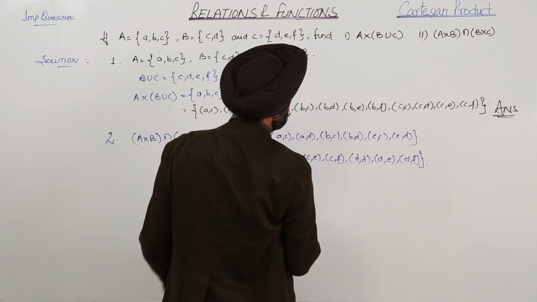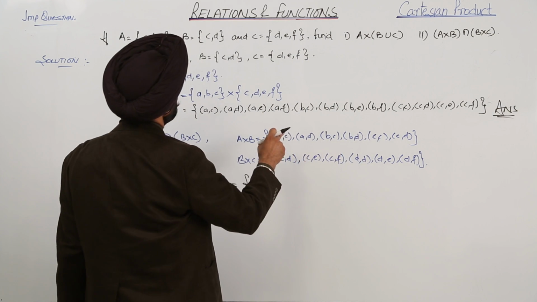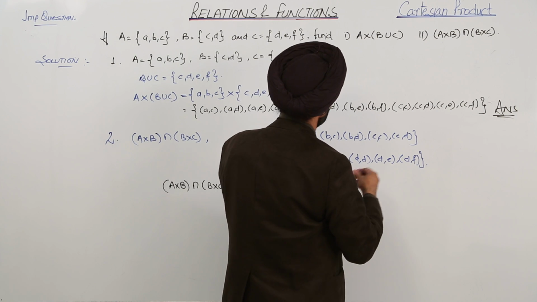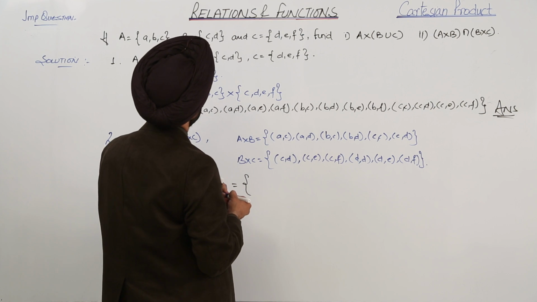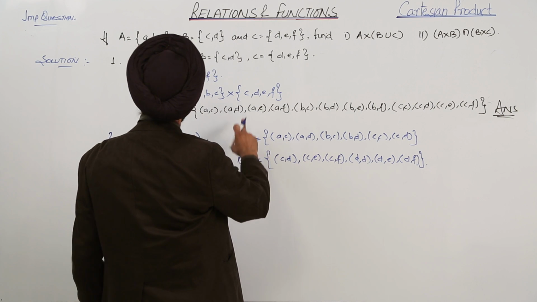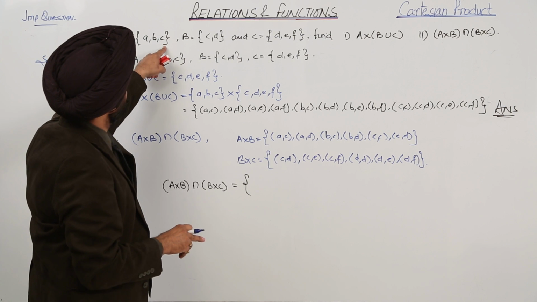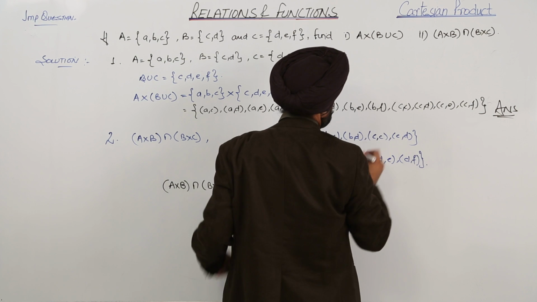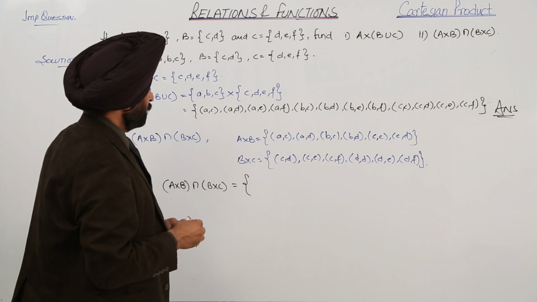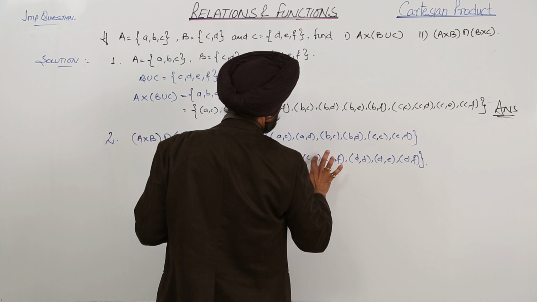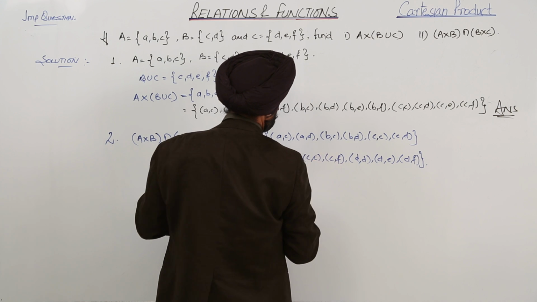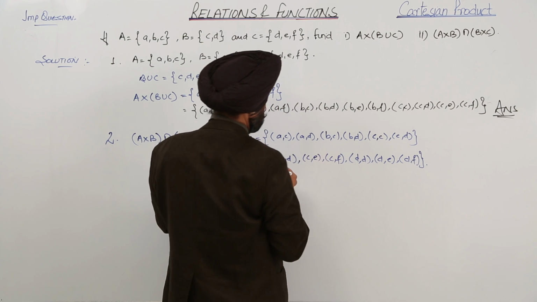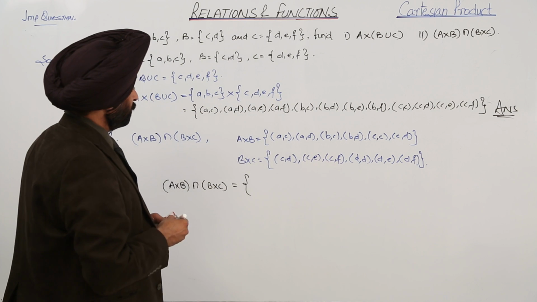Now we are having C and D. This was C with C, and C. So what is common between these?